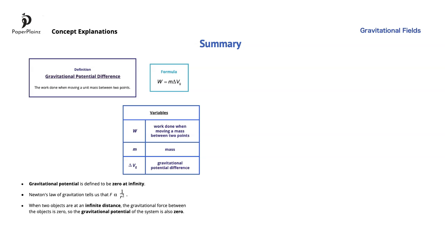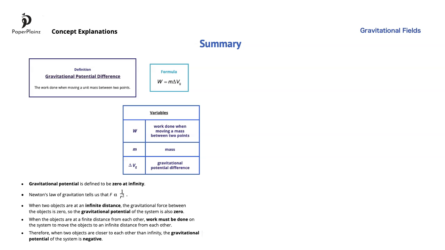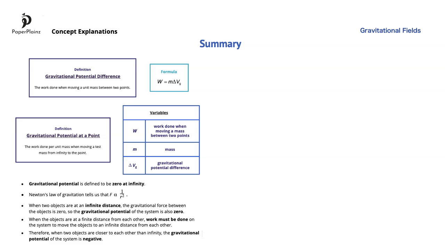When the objects are moved so that the distance between them becomes finite, work must be done in order to move the objects again to an infinite distance from each other. As a result, the gravitational potential of such a system is always negative. Finally, we summarize these statements in the definition of gravitational potential at a point.